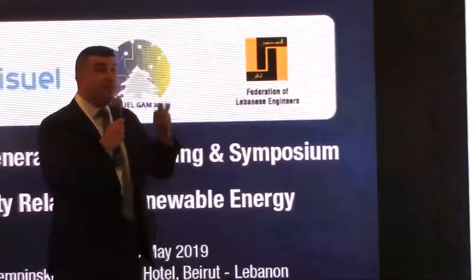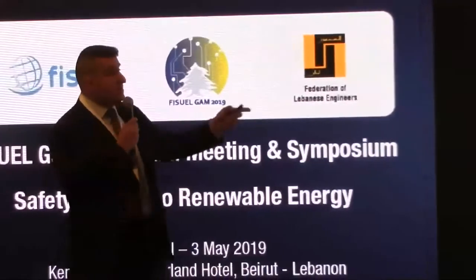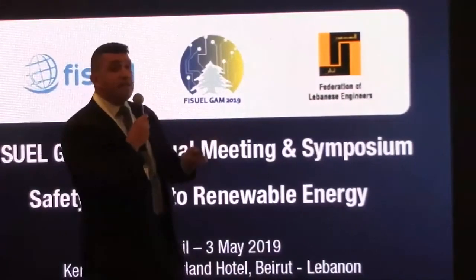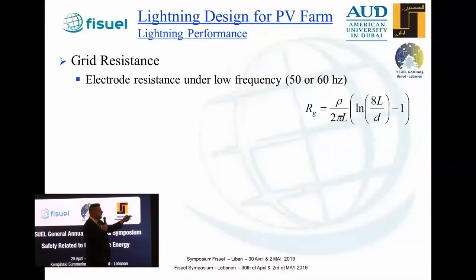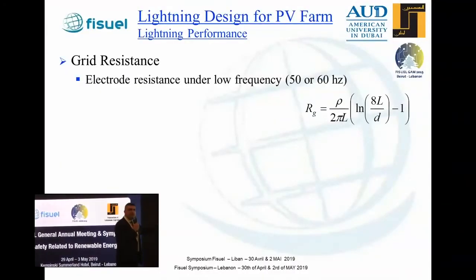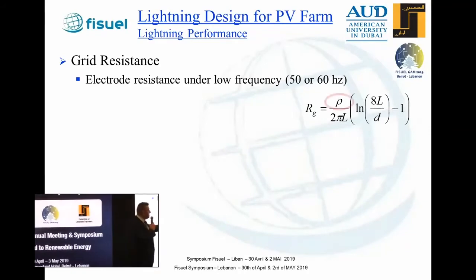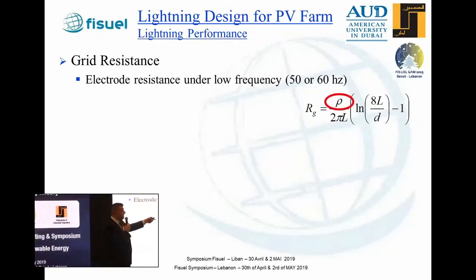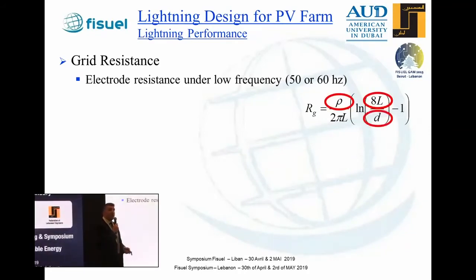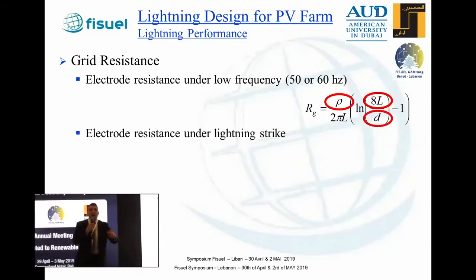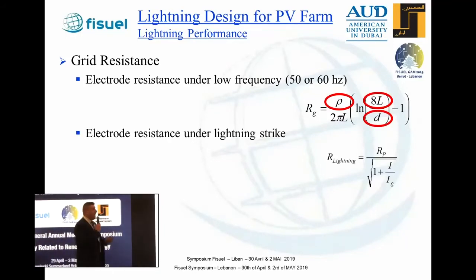Now, it's very important for us to notice the following two equations. Under low frequency, it's been proven that the resistance of a single electrode is related to the soil resistivity, the depth of the electrode and the diameter of the electrode. However, under a lightning strike, because of the higher frequency, we no longer have a resistance.